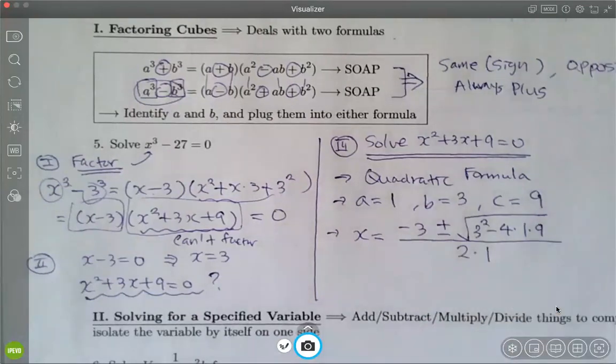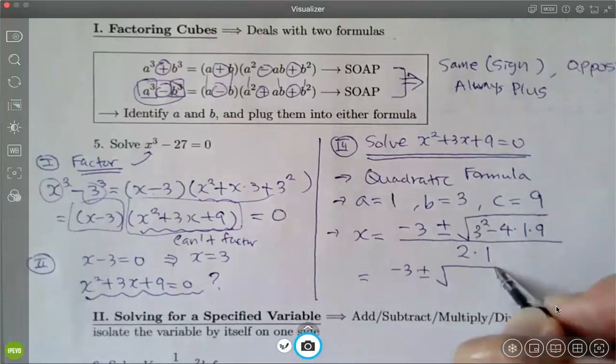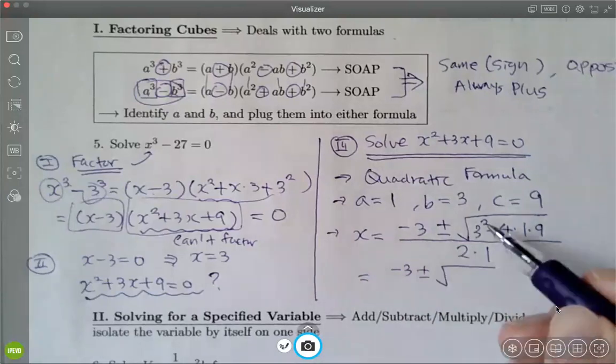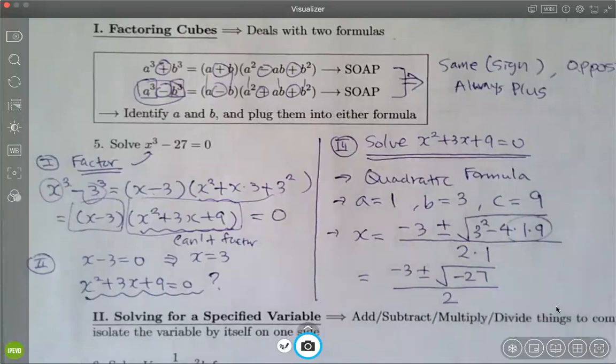Okay? And now, simplify, especially the thing under the square root. 3 squared is 9, and then minus 36, right? So 9 minus 36, what's that? Negative 27? And everything over 2, right?